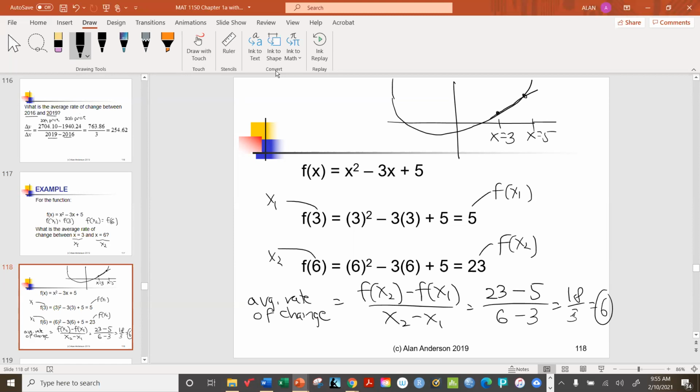How quickly is this function increasing between 3 and 6? So when x was 3, the function was equal to 5. And when x was 6, the function was equal to 23. So essentially what we're doing is calculating the slope of this function between these 2 points. That's where the formula actually is coming from. It's just the slope itself.